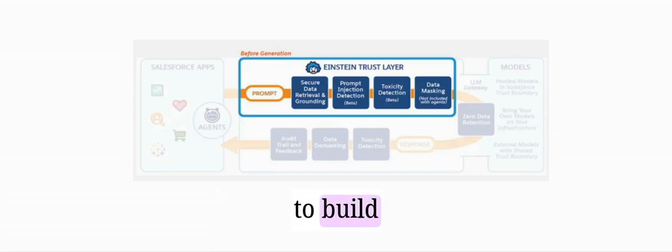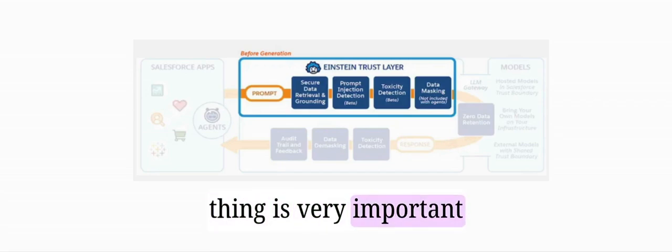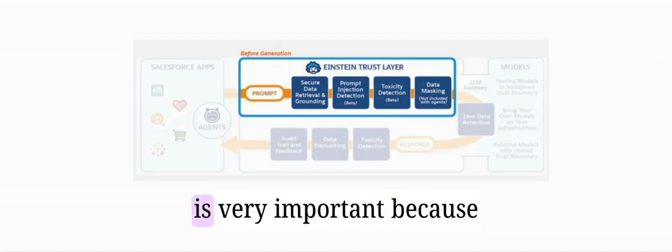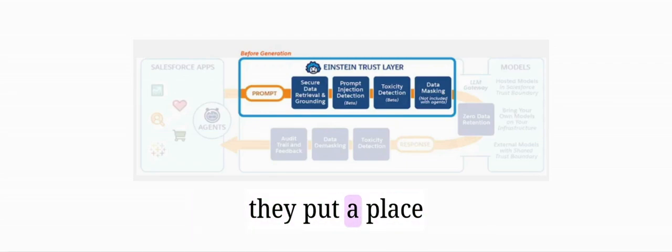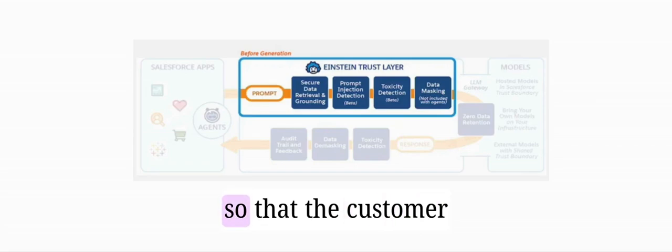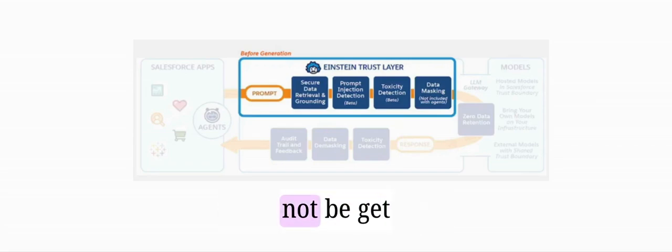To build a trust layer, data masking is very important, because the placeholder ensures the customer data will not be disclosed. So this is about before generation.